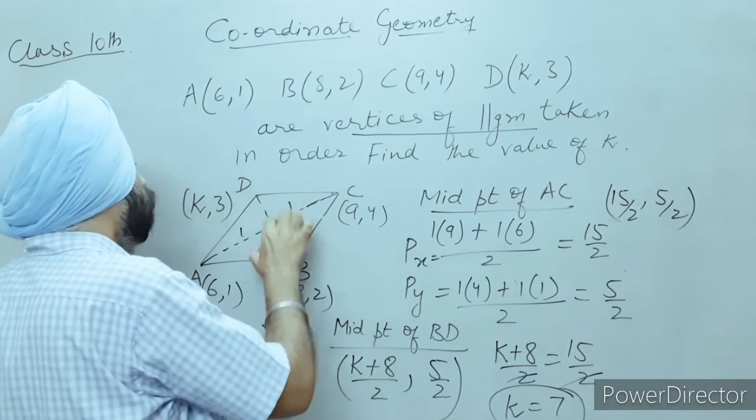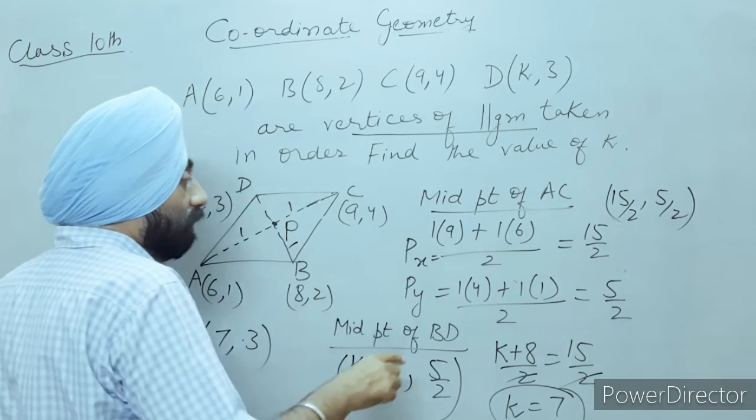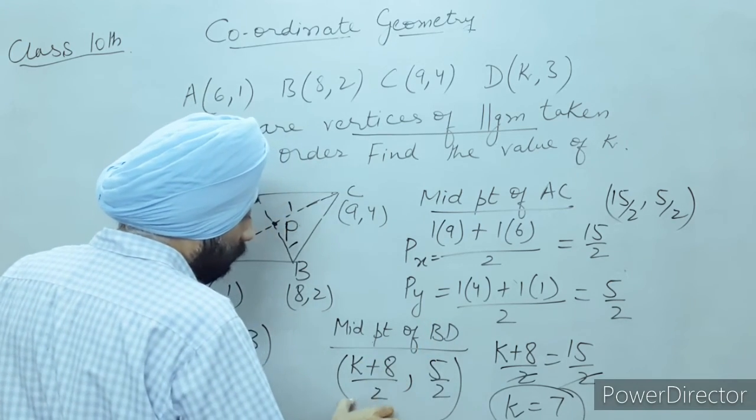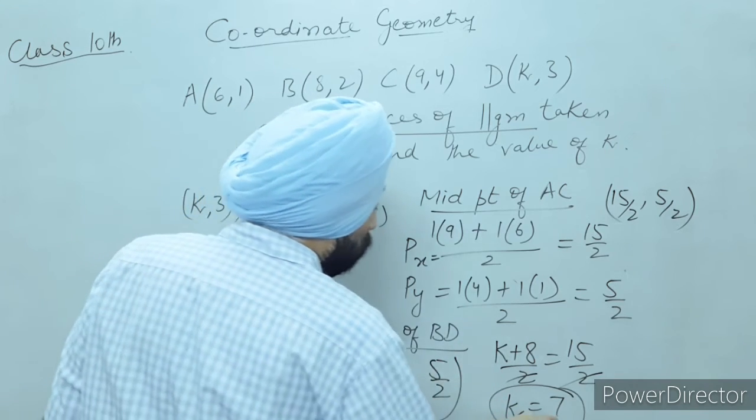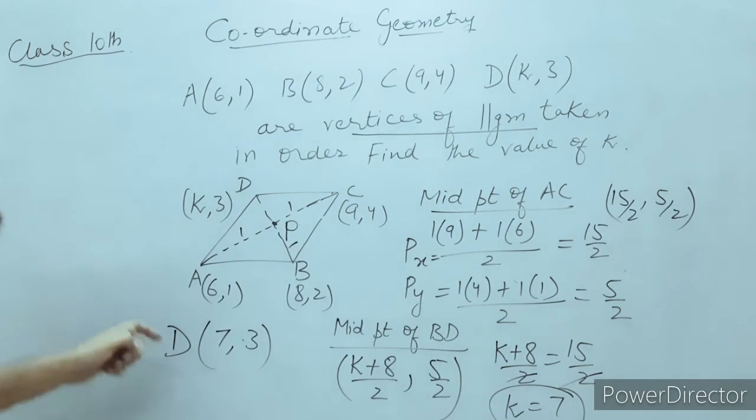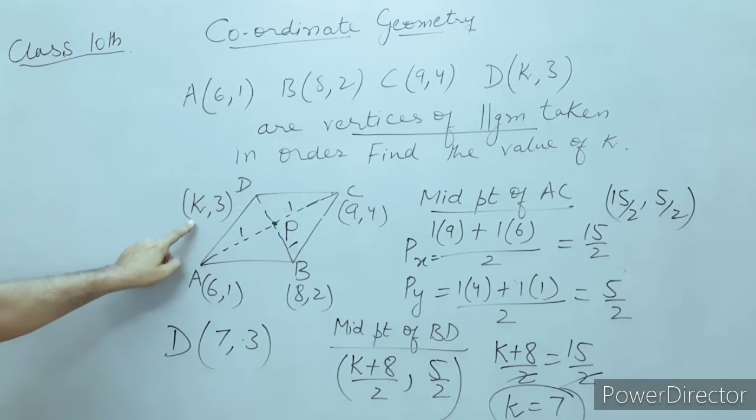Since it represents the same point P, I equated K plus 8 by 2 with 15 by 2. From there, I get K equals 7. I get the vertex D as 7, 3.